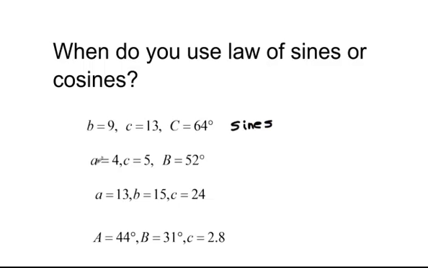This second one, I'm given A equals 4, C equals 5, B equals 52 degrees. Now, what do I not have? I do not have a side and an angle that match on this one. So because of that, I have to use the law of cosines.